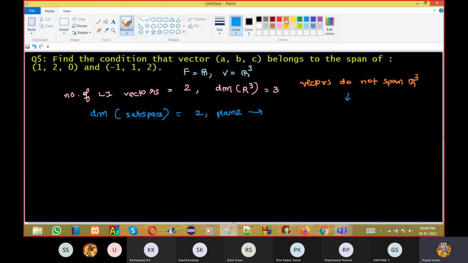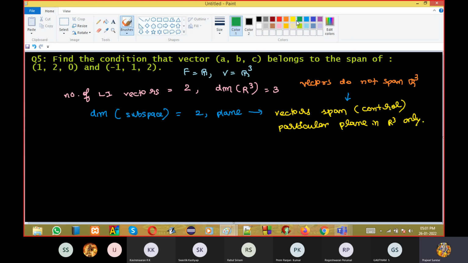Meaning I can say vectors span, that is they control a particular plane in R cube only.